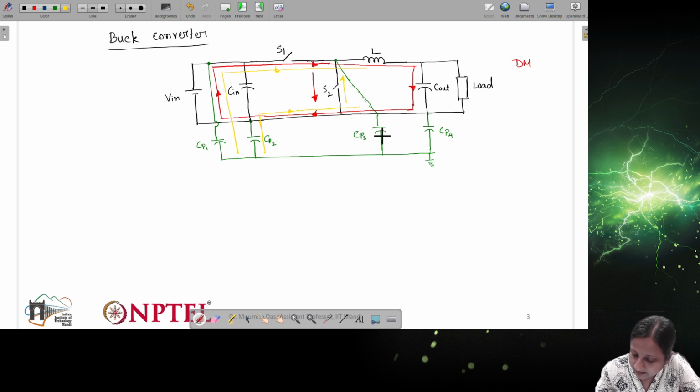Again, there is another capacitor, CP3 and CP4 are there. So basically it will have a return path through that. Any of these, CP3 or CP4, will provide the return path.